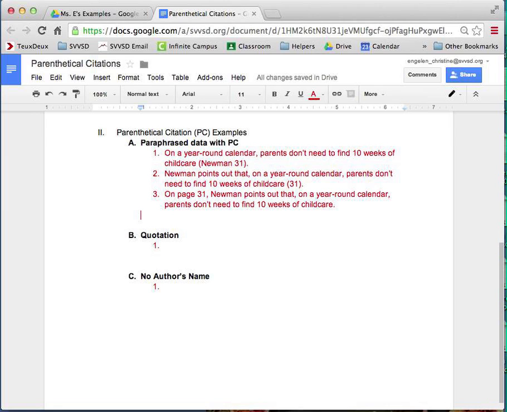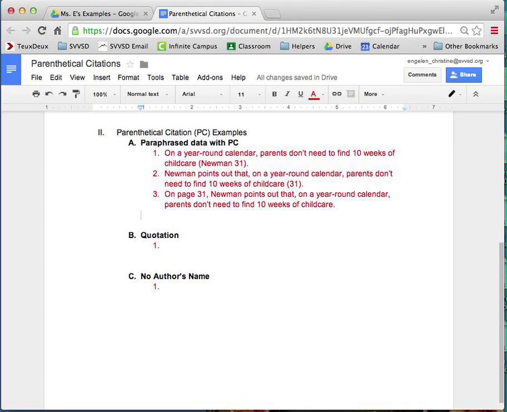Okay, got it? This assumes that somewhere else in the paper I've made it clear, maybe the title of the source that I'm referring to, or I've given it some context so that it doesn't sound weird that I'm saying on page 31. My reader at this point would know that I'm talking about a particular work that's got page numbers, okay?